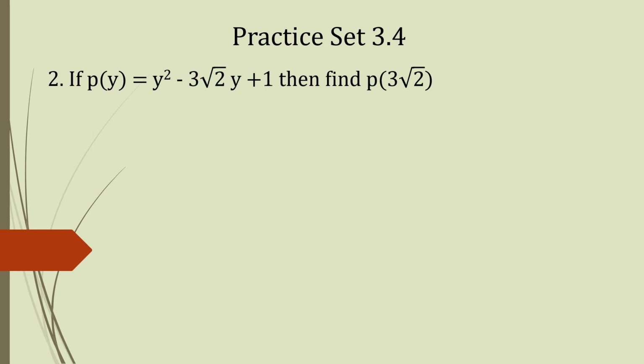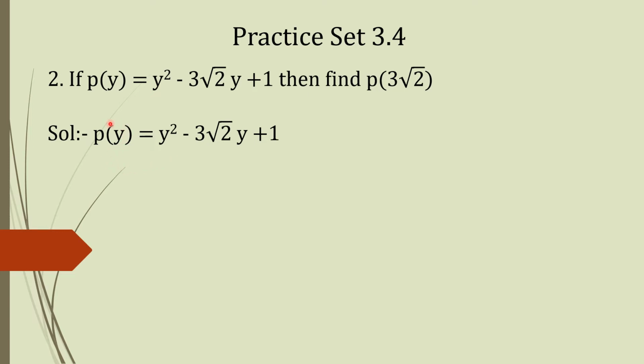What is given in the second question, students? If p of y equal to y square minus 3 root 2 y plus 1, then find the value of the polynomial at 3 root 2. So students, we'll start with our solution. First we'll write p of y is equal to y square minus 3 root 2 y plus 1.